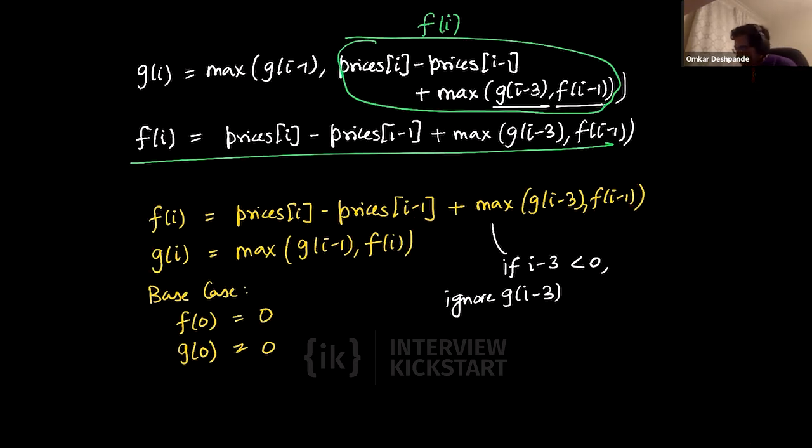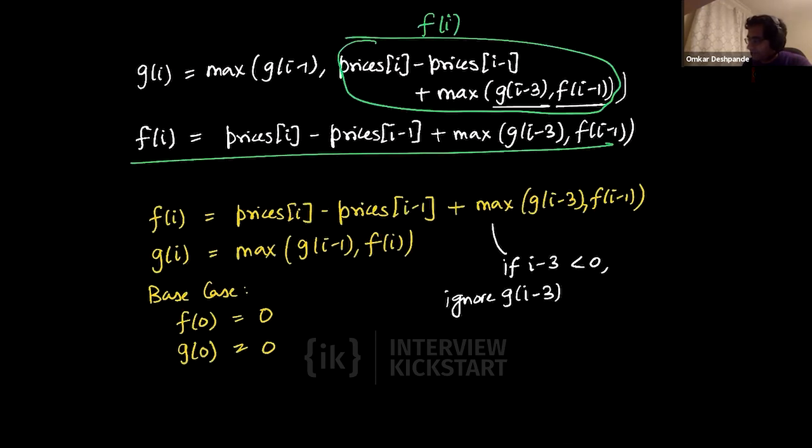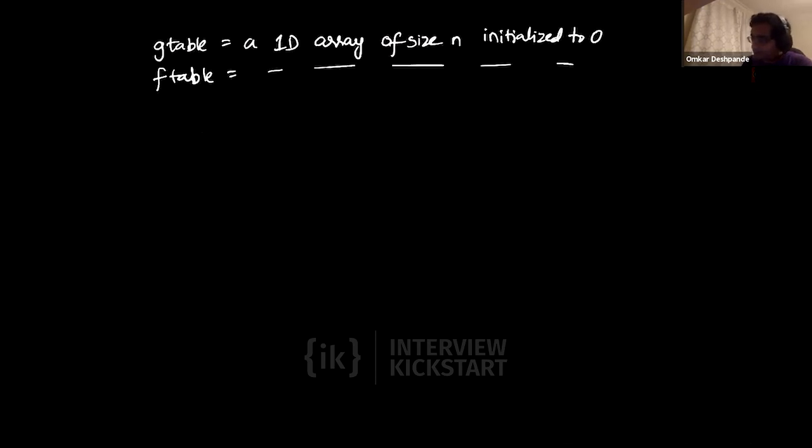So with this small change, nothing else really will change. We write the code using the same structure, a one-dimensional array of size n, initialized to 0. F table would be the same. F of 0 and g of 0 are both 0, so they are 0 by default from our initialization.